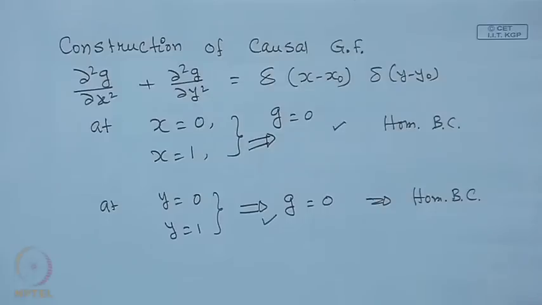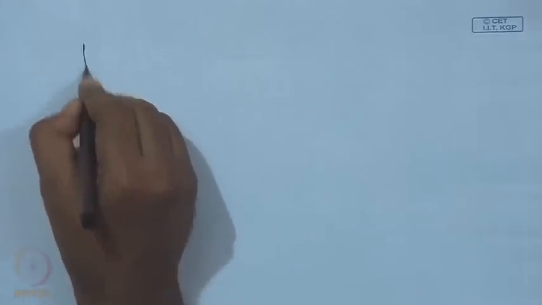But in this case we have a standard and independent eigenvalue problem in the x direction as well as in the y direction. Therefore, we will be using the full eigenfunction expansion method for the solution to this problem.